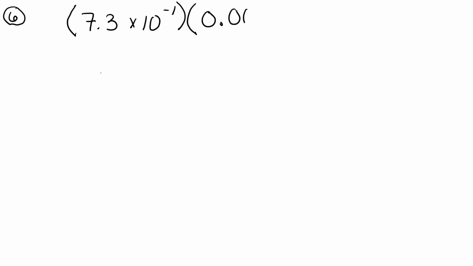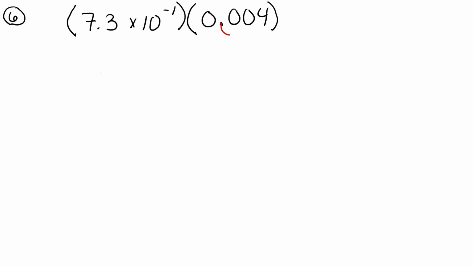For problem number 6, we're going to take the number 7.3 times 10 to the negative 1st, and we're going to multiply it by 0.004. Again, I mentioned in the beginning, we need to have both numbers be in scientific notation in order to multiply or divide them.